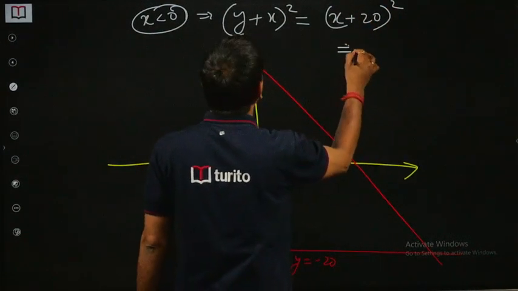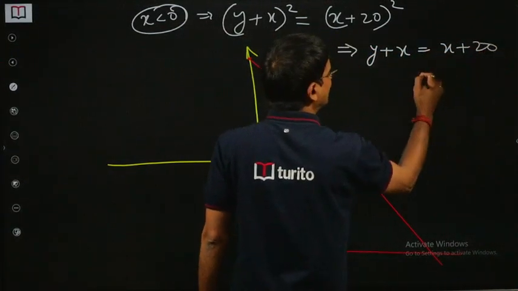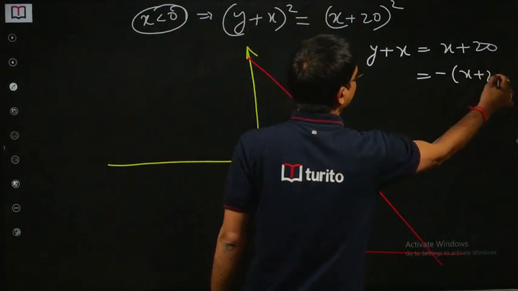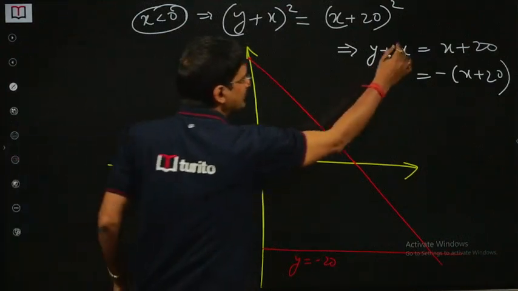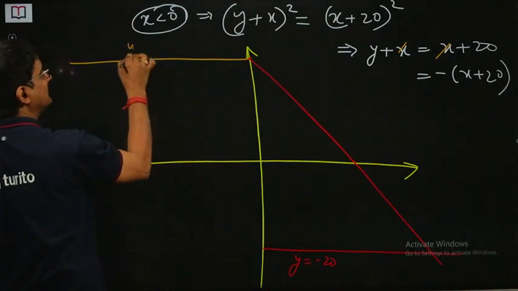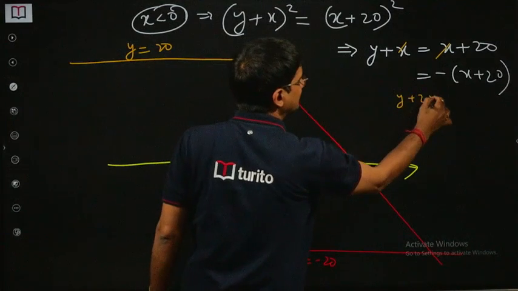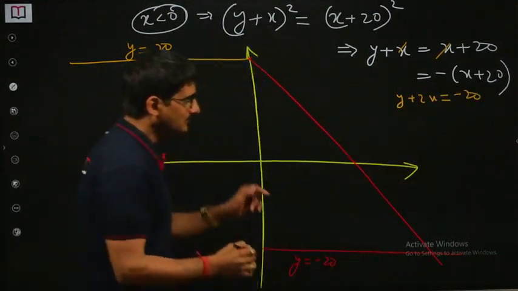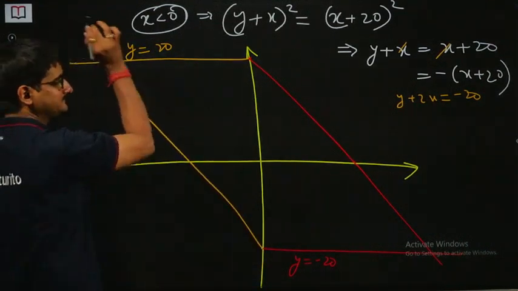So this gives us y plus x is equal to either x plus 20 or minus times x plus 20. Again, what are the possibilities? When x is less than 0, y is 20, so that's the point. So this is y is equal to 20, and then y plus 2x is equal to minus 20. So y is minus 20 when x is minus 10, so that's it.